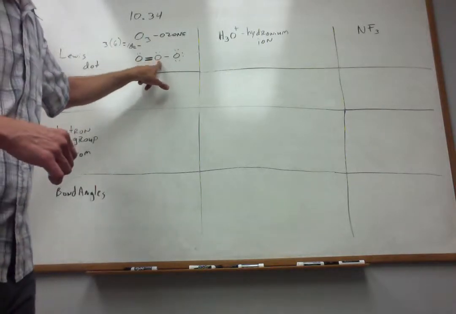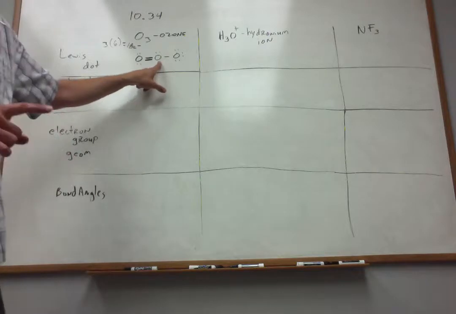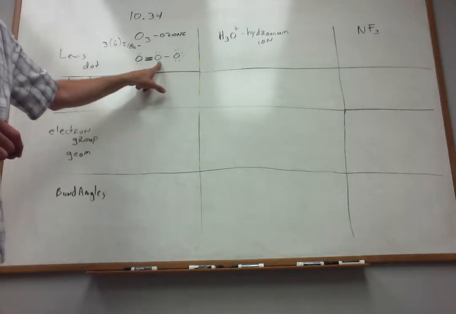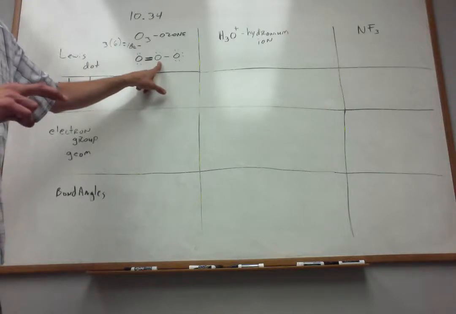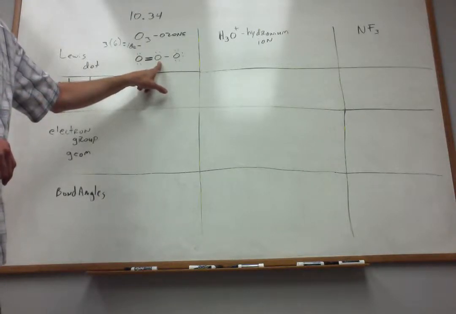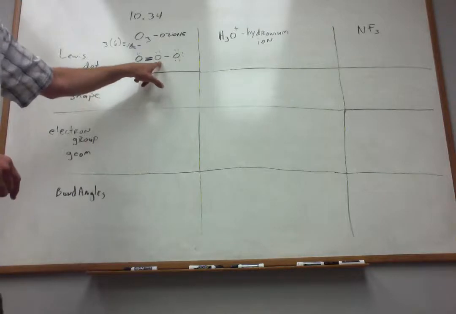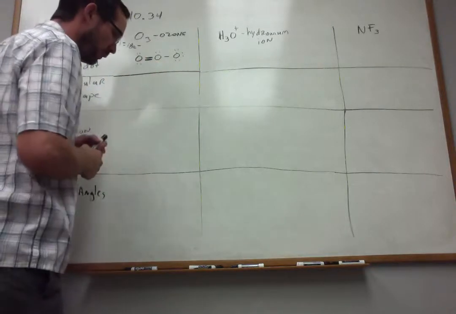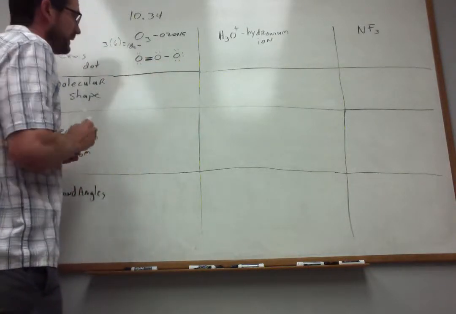Okay, so you look for the central atom, and the next step in applying the VSEPR theory is to figure out how many regions of electron density exist around that central atom. Lone pairs count once, bonding pairs count once. Okay, so as I look at this, I say, where are my regions of electron density?